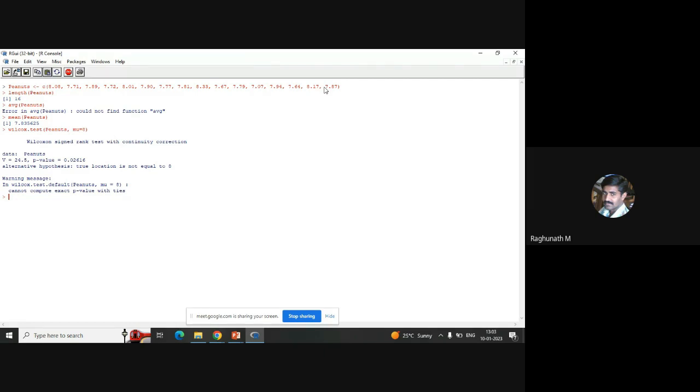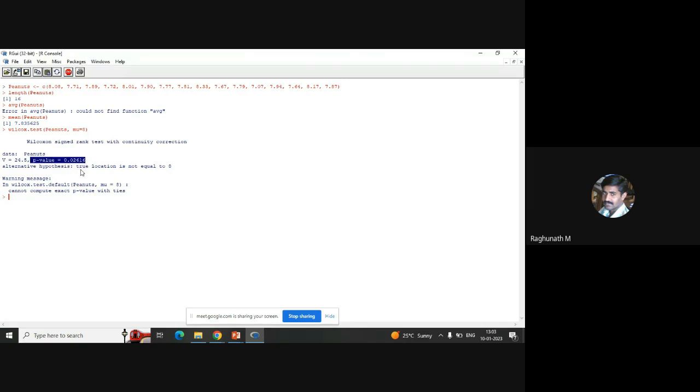Then similarly the other 3, wherever they come, in which position they come, it will take their sum, and that will be added here. Similarly, the negative ones are also taken, but the minimum it will be considering. Then, as I told you, it will compute the p-value.